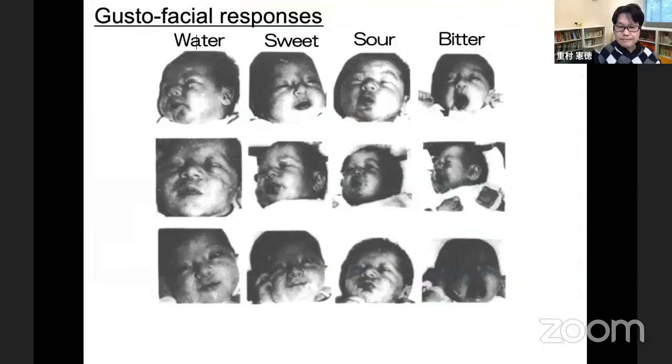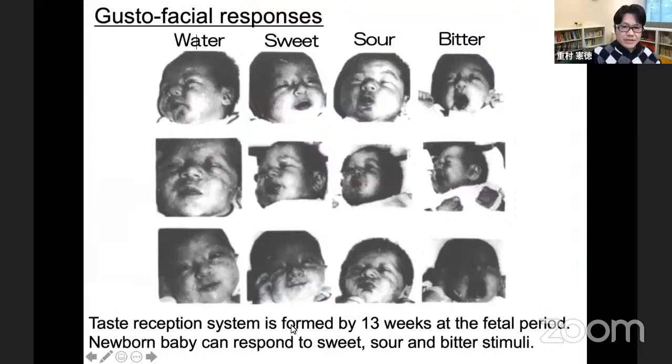It's reported that the taste reception system is formed by certain weeks in the fetal period. A newborn baby can respond to sweet, sour, and bitter taste stimuli.